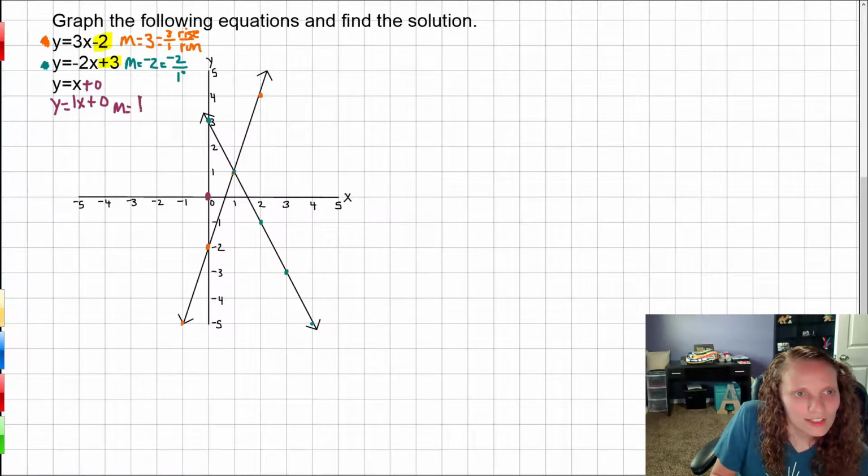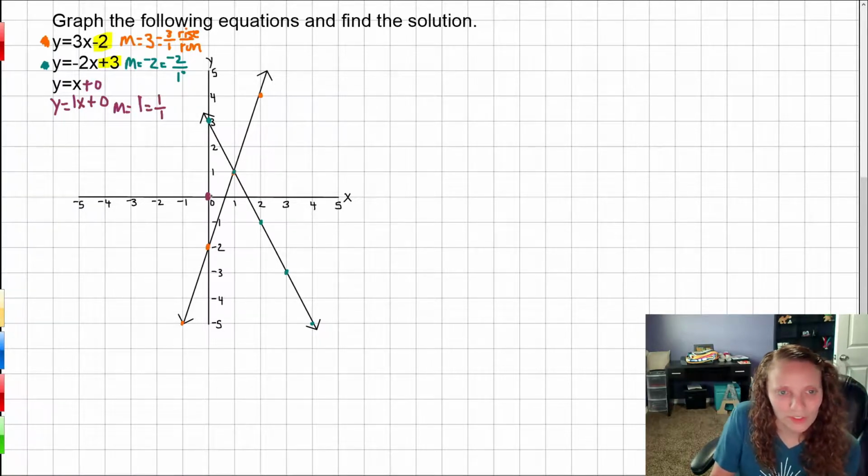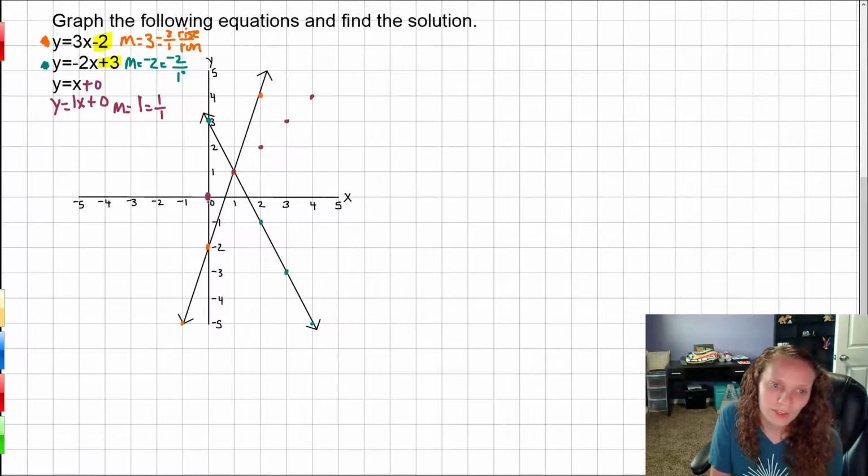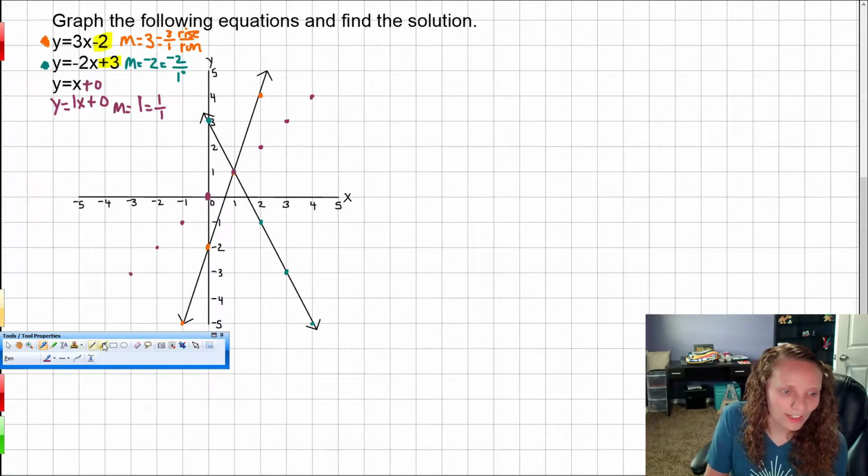1 is the same as 1 over 1. So we'd go up 1 over 1, up 1 over 1, up 1 over 1 each time. Now I even want to go in the other direction. I'll go down 1 over 1. If you notice my new point, it's still on the same line. Down 1 over 1, down 1 over 1. Now I'm going to go ahead and connect the dots.